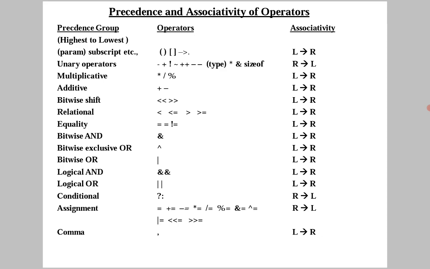In the sixth position we use relational operators, that is less than, less than or equals to, greater than and greater than or equals to. In the seventh preference are equality operators like equals to and double equals to.